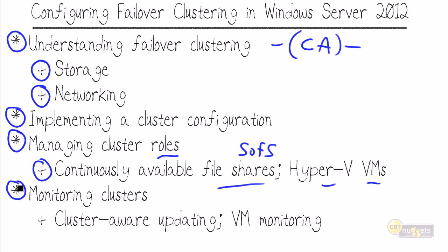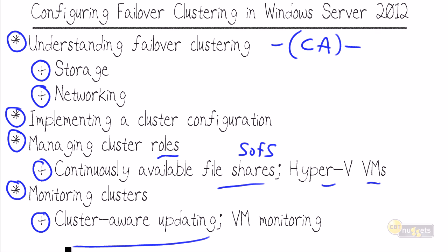It's one thing to plan your clustering in your VM infrastructure. It's another thing to implement it, and then yet it's another thing on top of that to monitor over time the behavior of your cluster and your highly available roles. We're going to look at a brand new feature in Server 2012 called cluster-aware updating, which those of you who manage many cluster-aware resources are going to love.